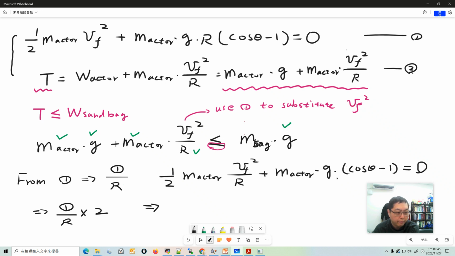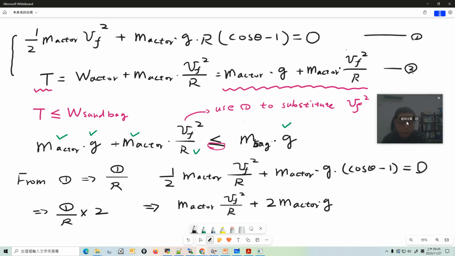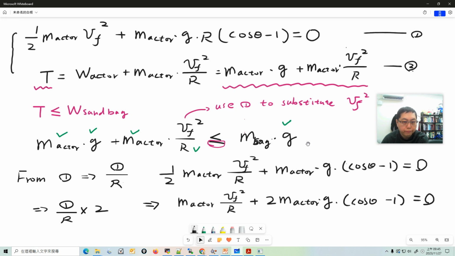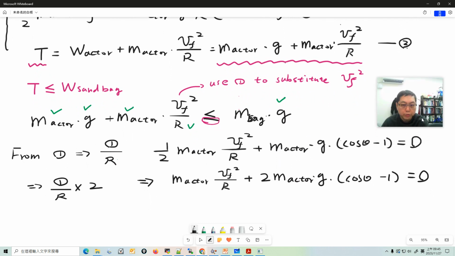And we will have M actor times v squared plus 2 M actor times g times cosine theta minus 1 equal to 0. Okay, and so why do I do this?